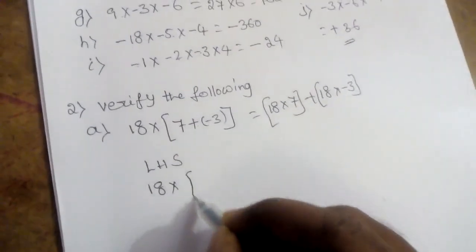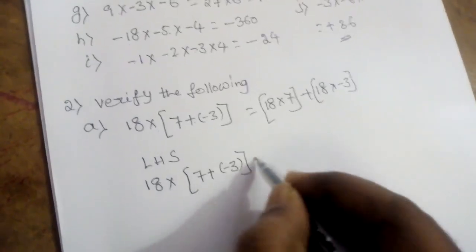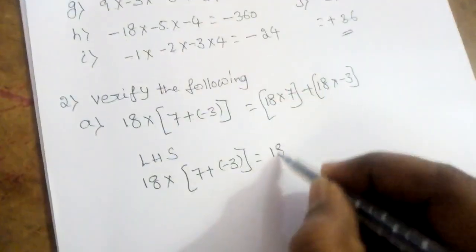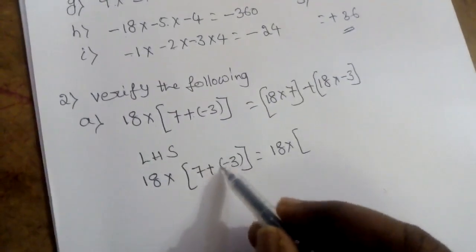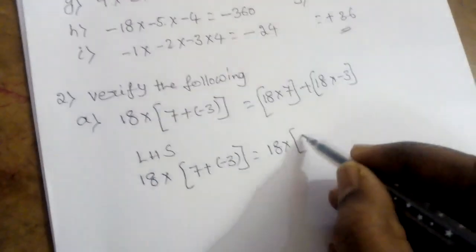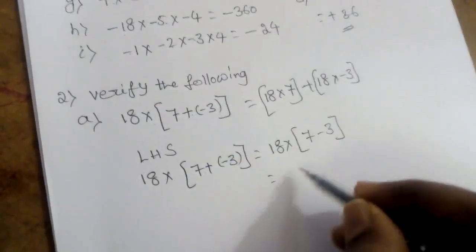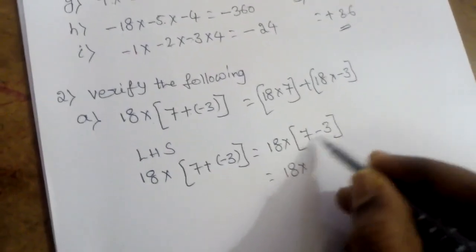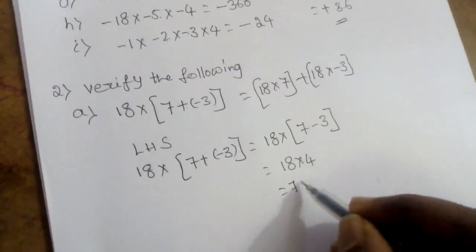So 18 into 7 plus of minus 3. Here the bracket means multiplication, plus into minus is minus, so this is 7 minus 3. That equals to 18 into 7 minus 3 is 4, so 18 into 4 is 72.